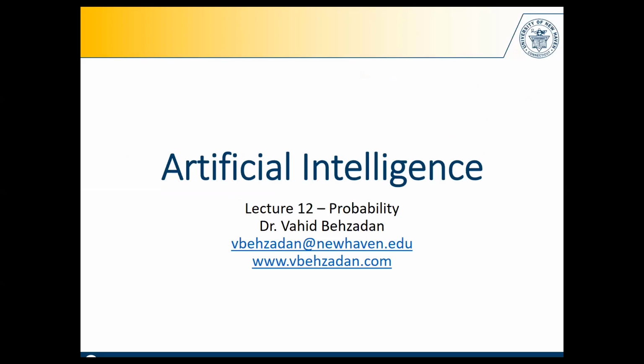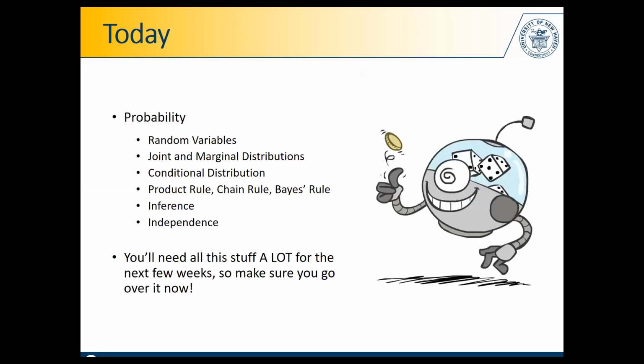So the first topic we are going to cover today is probability. So far, we've talked a bit about uncertainty in the environments where we want to deploy some sort of AI agents. But we haven't really formalized that uncertainty.